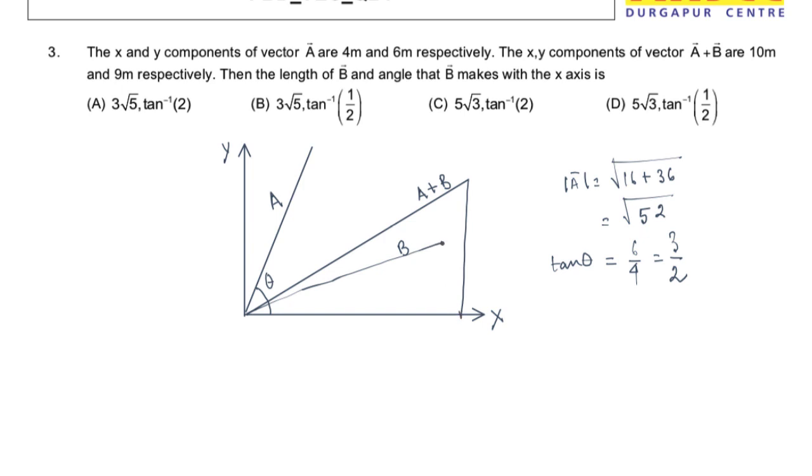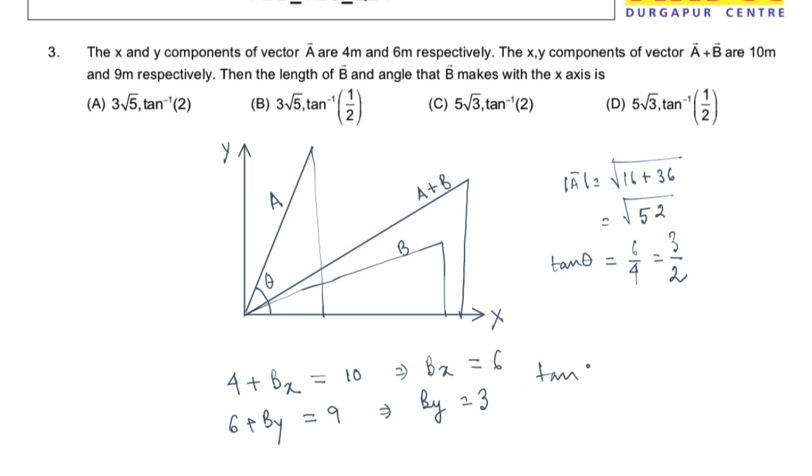That is nothing but the addition of x component of b and x component of a. In your question it is given that x component of a is 4. So can I say 4 plus x component of b, bx, is equal to x component of a plus b, which is 10. So what is x component of b? It's nothing but 6. And similarly, y component of a plus y component of b is y component of a plus b, which is 9. So from there y component of b is 3.